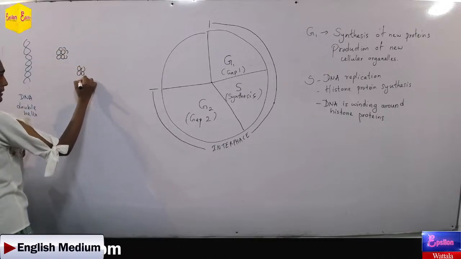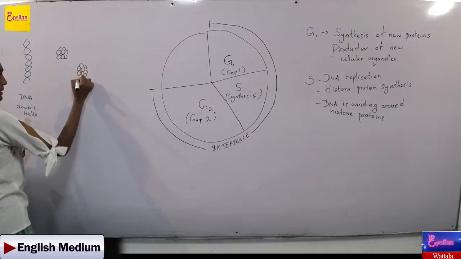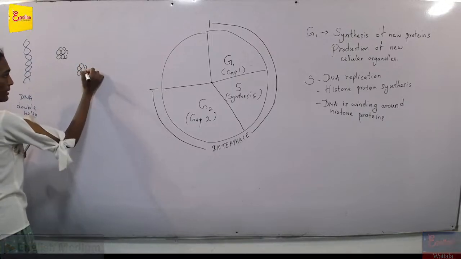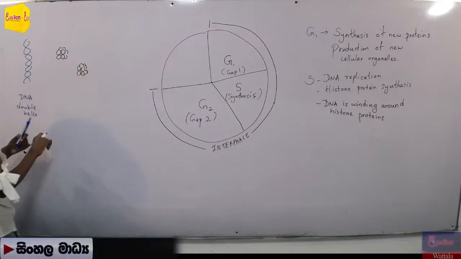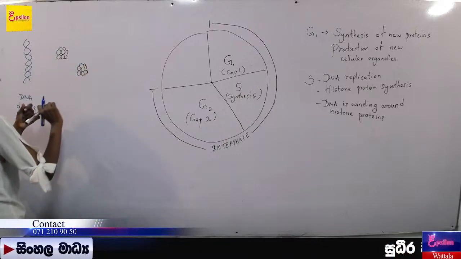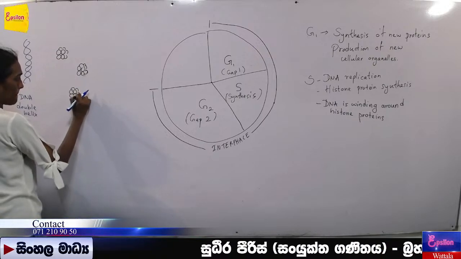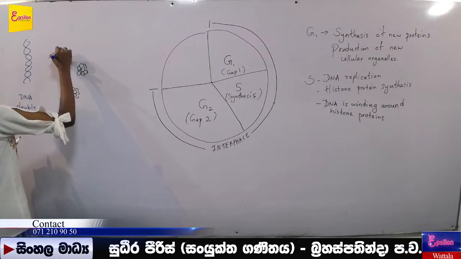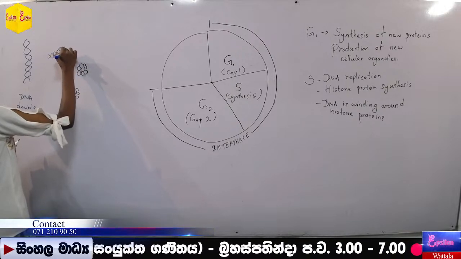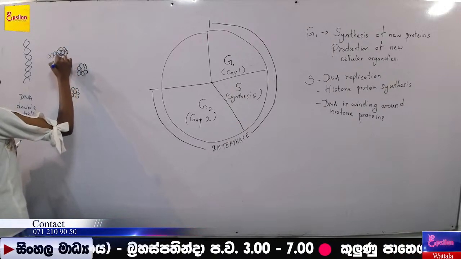Likewise, there are many 8 molecules of histone proteins. I'll draw a few here to show you only. So this DNA molecule is winding around this histone protein, right?